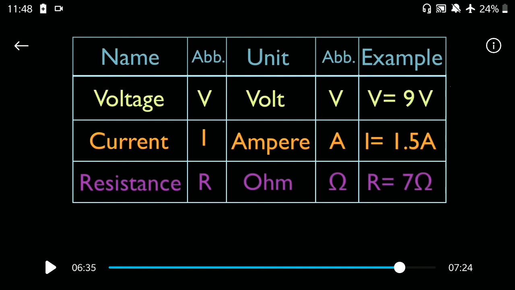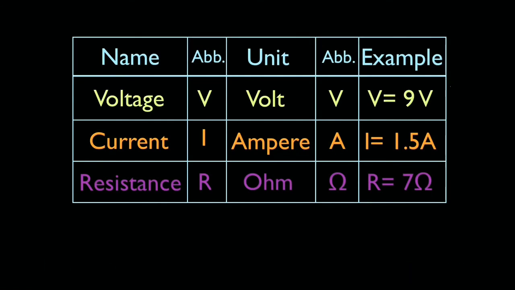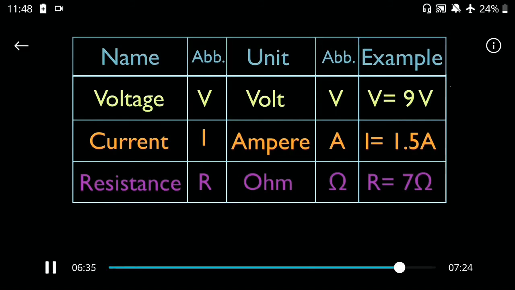In short, voltage is abbreviated by capital letter V, and the unit of voltage is volt, which is also abbreviated as capital V. For example, V is equal to 9 volts, indicating that voltage is equal to 9 volts.